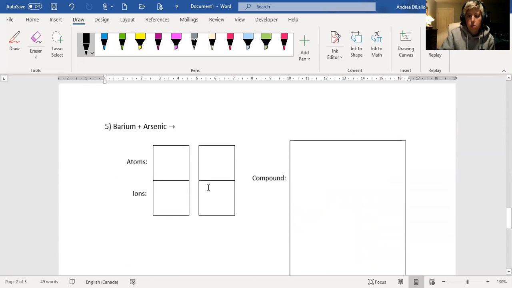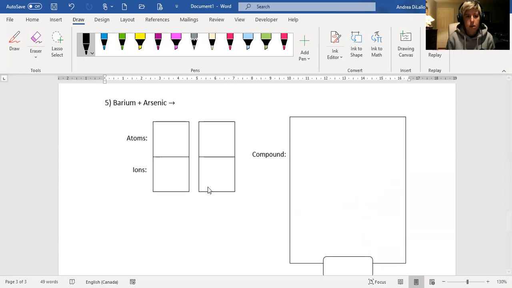We're going to do one more for good luck. So we have barium, which is an alkaline earth, so that means it's in group 2. So barium will have 2 valence electrons.